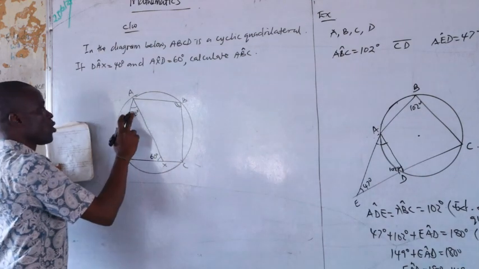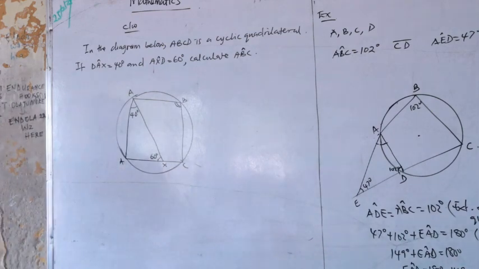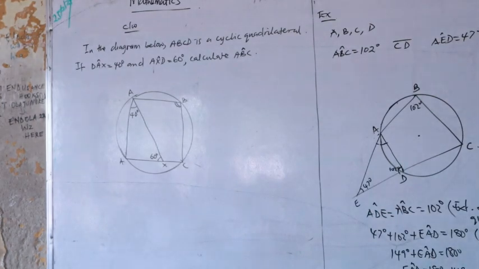Oh, sorry, this is 40. That's the question. What is the size of that angle ABC?